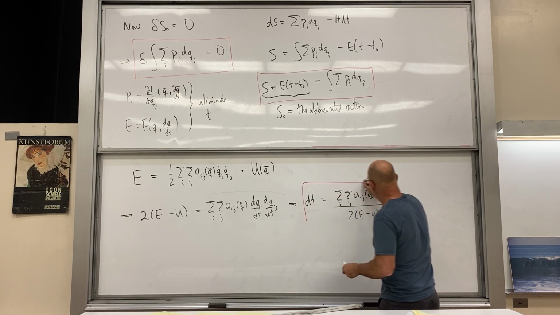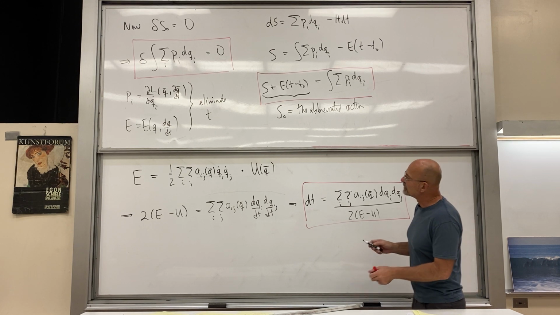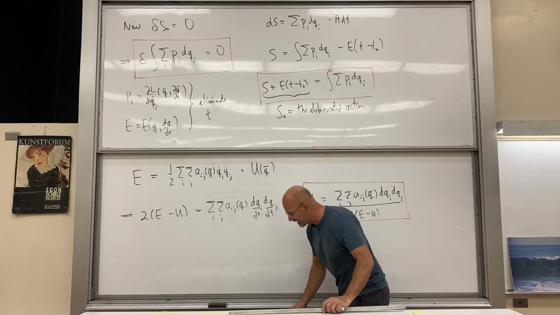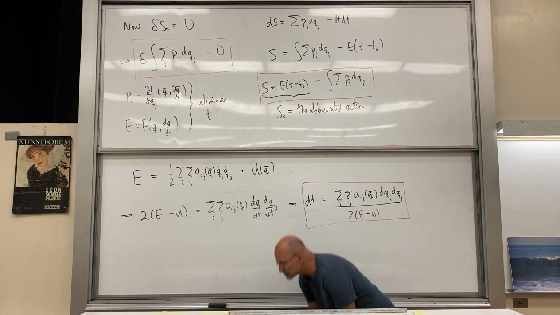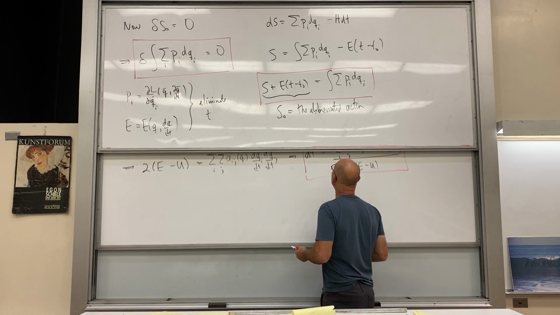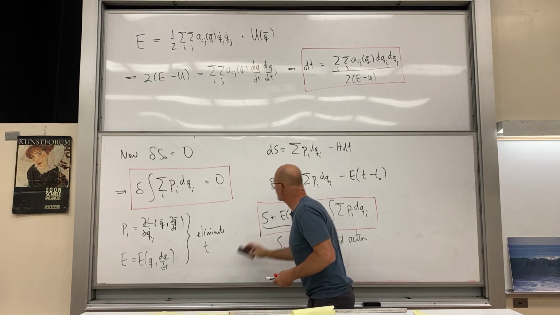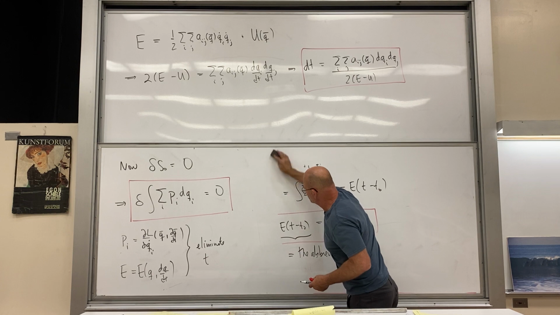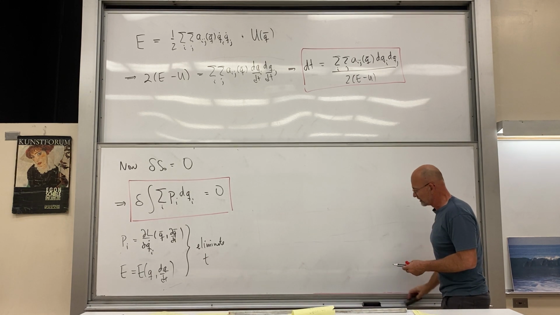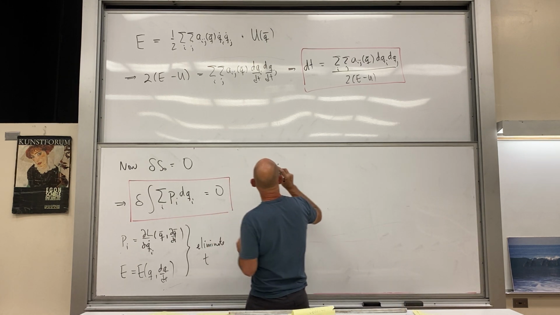Where does this dt go? We have to get an expression for the p sub i. So the sum over the p sub i. So far, so good.